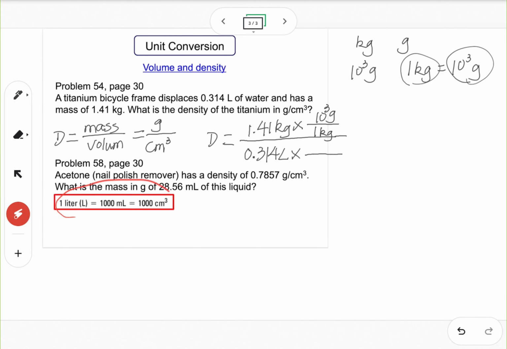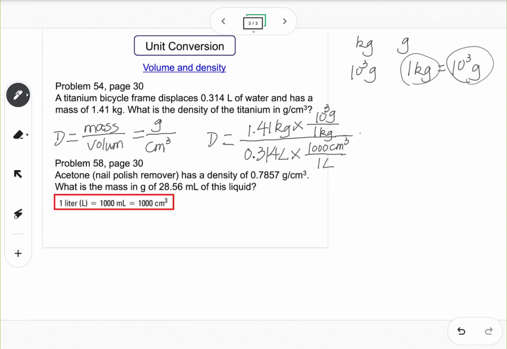If you happen to remember what we had in the discussion of the first topic, units of measurement, we specifically talked about the units of volume. 1 liter equals 1,000 ml and 1,000 cubic centimeter, so we're going to use this for this conversion. Liter, you want to cancel, so put that at the bottom, and 1,000 cubic centimeter on top. All right, this is the equation.